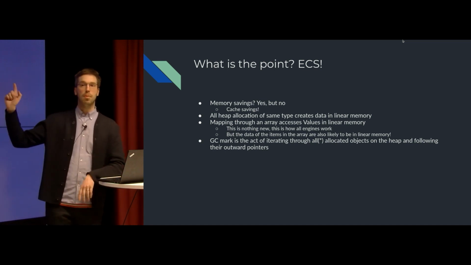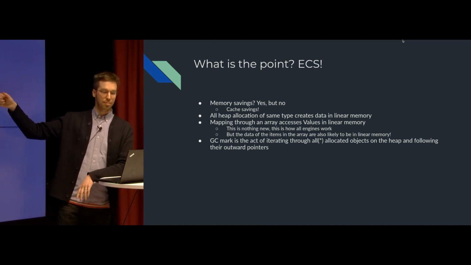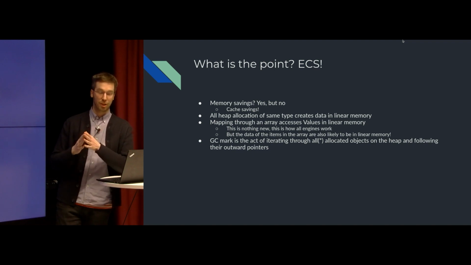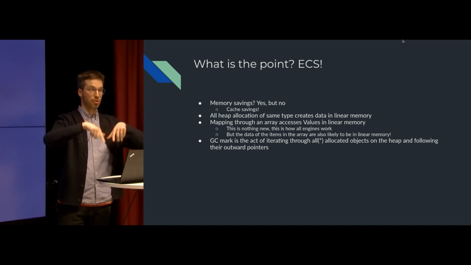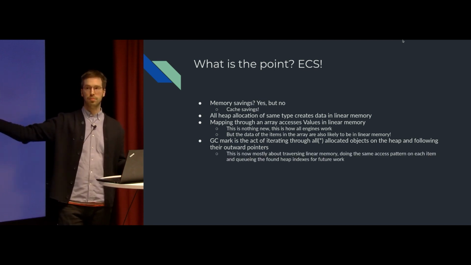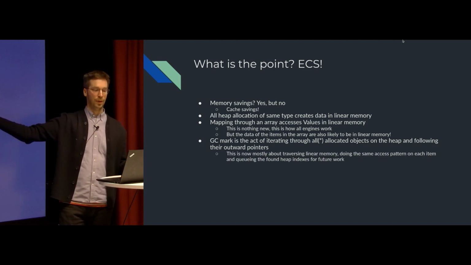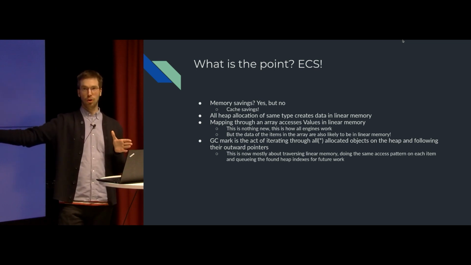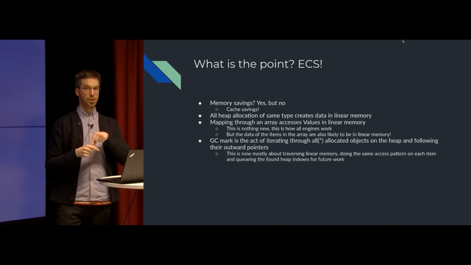And now GC marking the heap, normally, or always, it's just the act of iterating through all allocated objects on the heap and following their outward pointers to whatever they depend on. Now this is just traversing linear memory. We go through the vector of all objects, and for each object we check its prototype.